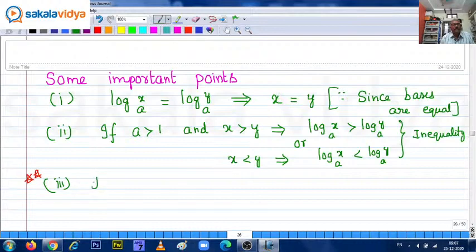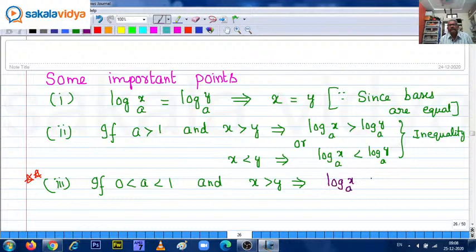See, if 0 is less than a is less than 1 and x is greater than y, here is a very interesting thing, I use a different color for this one. When you apply the logarithm on both sides, you get log x to the base a, the symbol reverses, greater than becomes lesser than, log y to the base a.